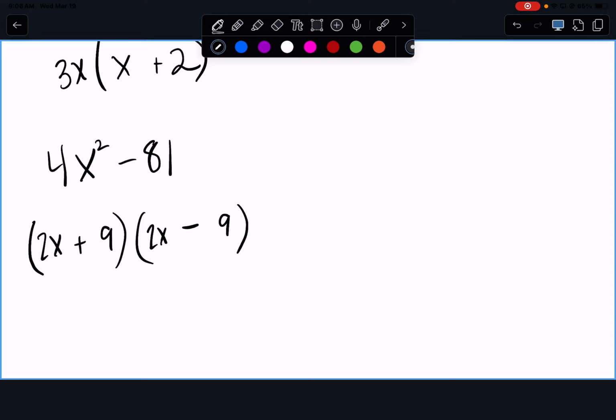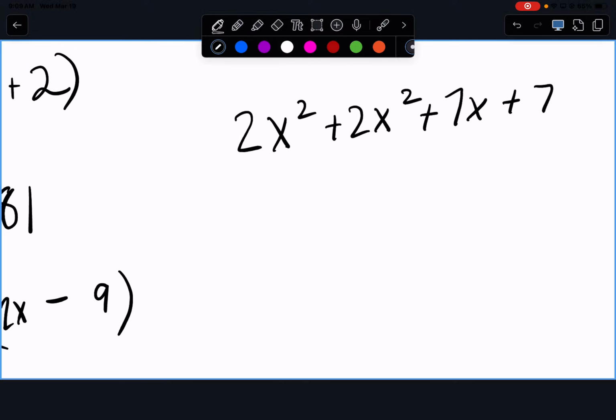Okay, what if we look at 2x cubed plus 2x squared plus 7x plus 7? I don't know if this will work, actually. I don't think this does work, does it? Where did I get 3 from? Oh, that's because that doesn't need to be there. Let's just solve. There we go.